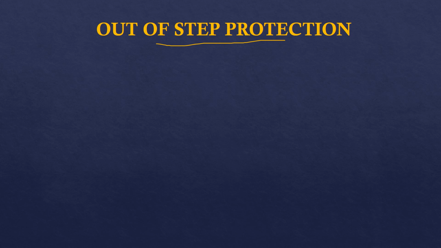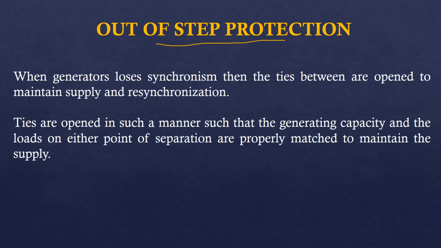We know that power swing is a variation of power flow as a result of rotor angle change, and this rotor angle changes when the generators connected in the system lose synchronism. Thus, these generators which are losing synchronism with respect to the other generators connected in the system must be disconnected, and the ties between them must be opened to maintain the supply, and there must be resynchronization of the power system.